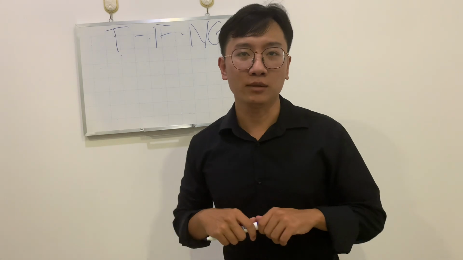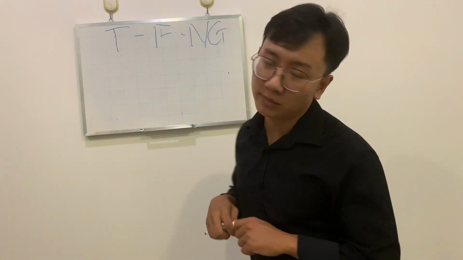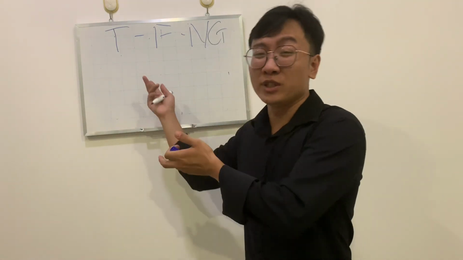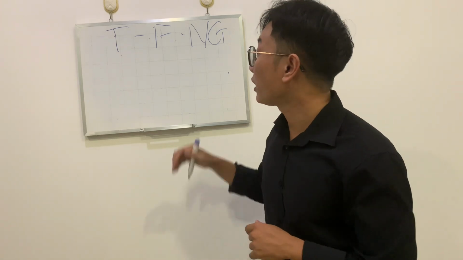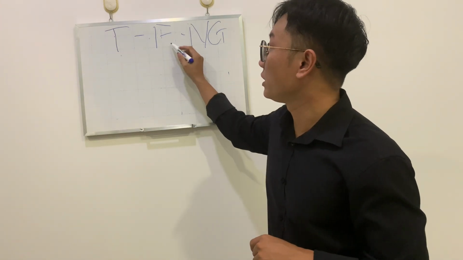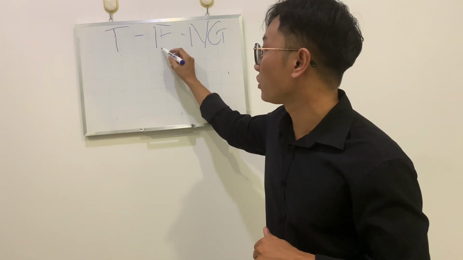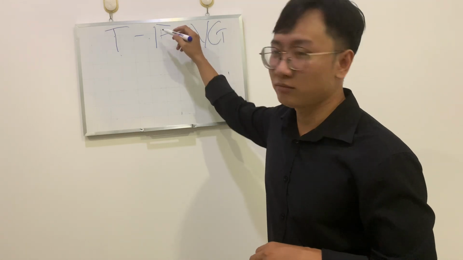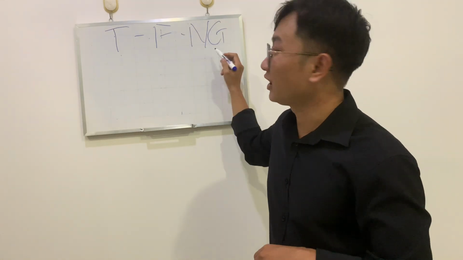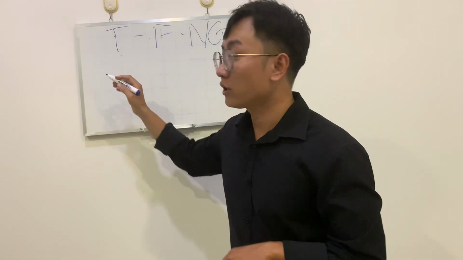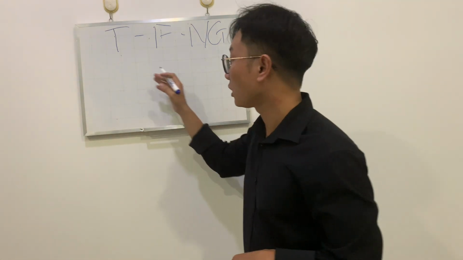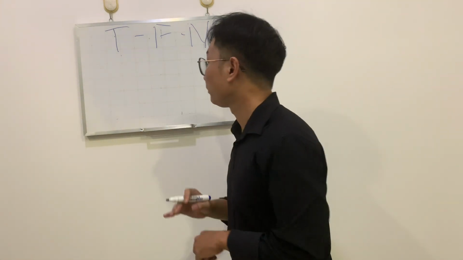What does it mean to be true? What does it mean to be false? And what does it mean to be not given? You guys usually make mistakes between these things. You cannot differentiate between false and not given. So we have to walk through the definitions first.